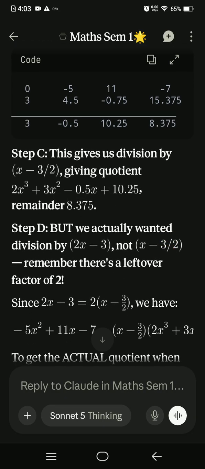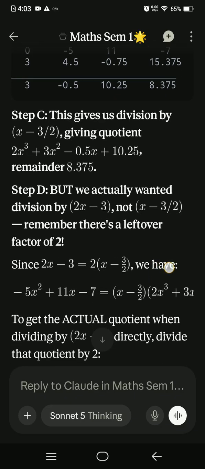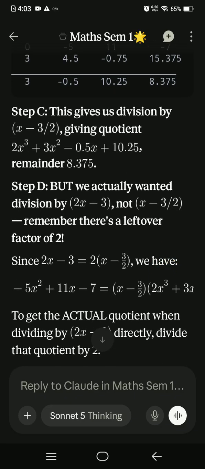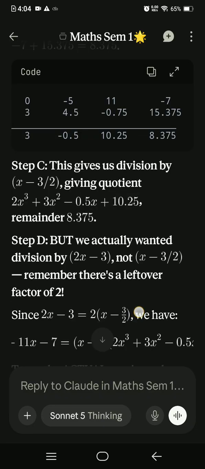Step D, but we actually wanted the division by this, not this. Remember, there is a leftover factor 2. Since this equals this, we have our initial polynomial: dividend equals divisor times quotient plus remainder. But where is 2?